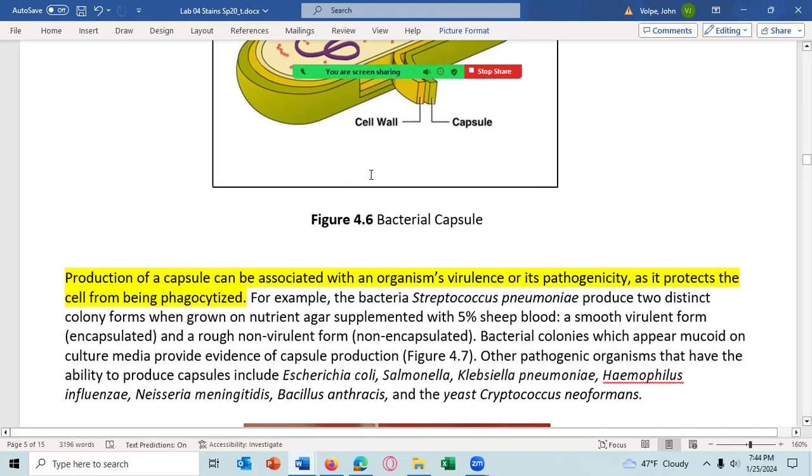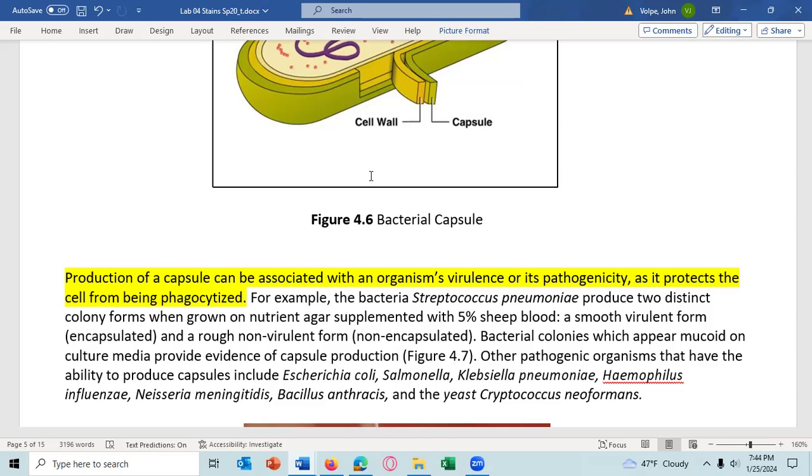Production of capsules can be associated with an organism's virulence or pathogenicity. The capsule can protect the bacteria from being phagocytized. A white blood cell wanders the body or the circulatory system looking for foreign agents, bacteria that shouldn't be in the body. And then the white blood cell can kill the bacteria.